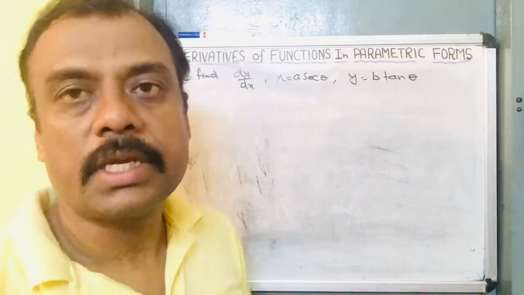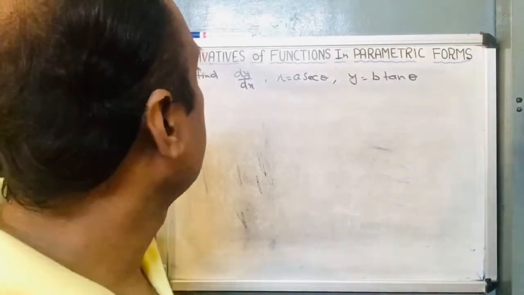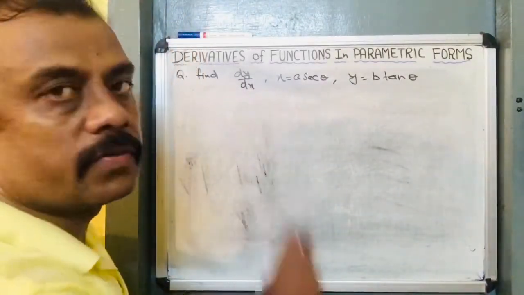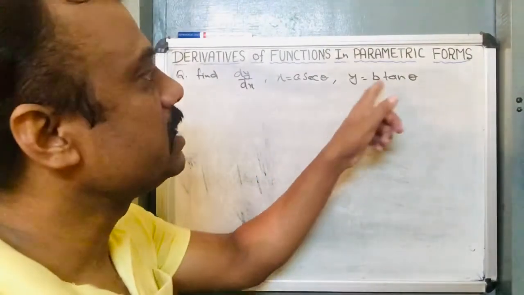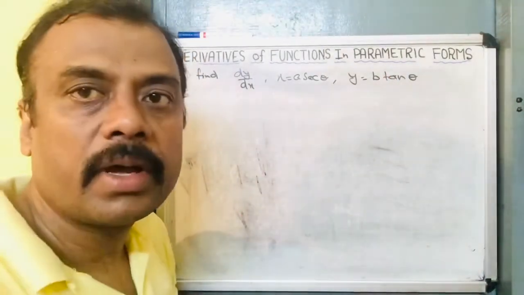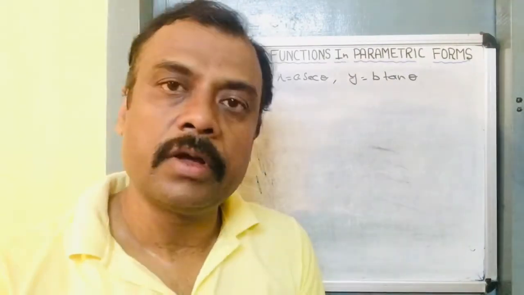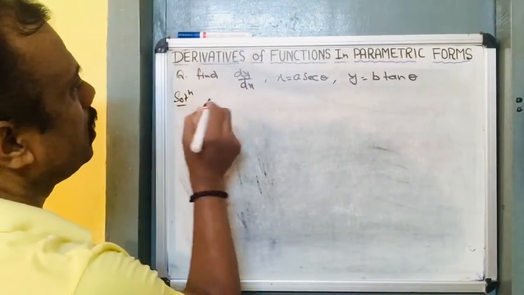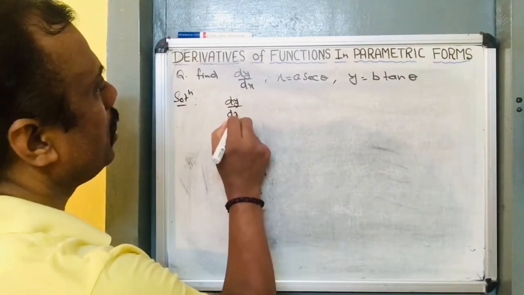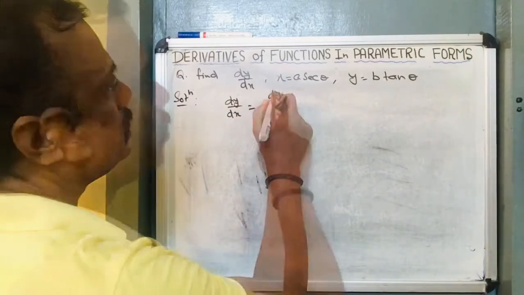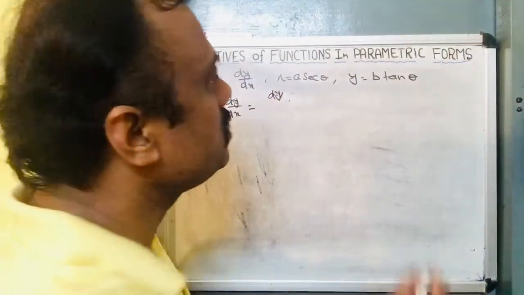Okay, here is another example. Find dy/dx when x is a sec theta and y is b tan theta. If you remember, this is the parametric form of the hyperbola. So to find dy/dx, here the parameter is theta.